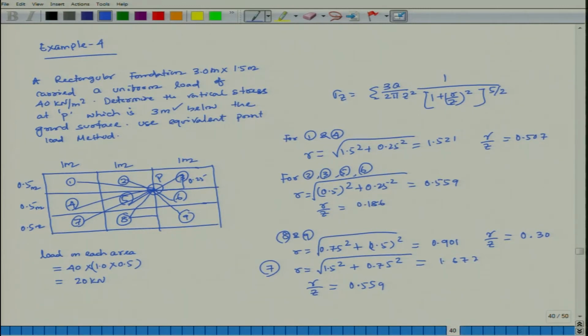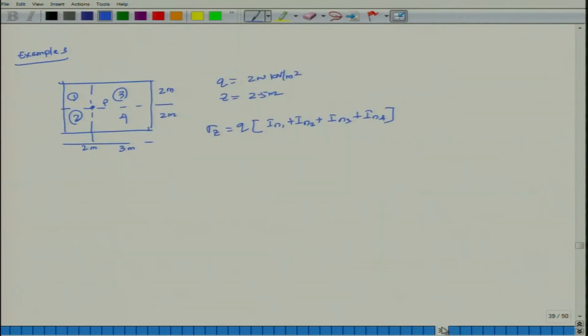Once again I am explaining: there is an area 3 meter by 1.5 meter. Load intensity in that area is 40 kilonewton per meter square, and a point P has been given. You can do it by the earlier method the way I have said: take that point, make a small rectangle and find it at the edge.